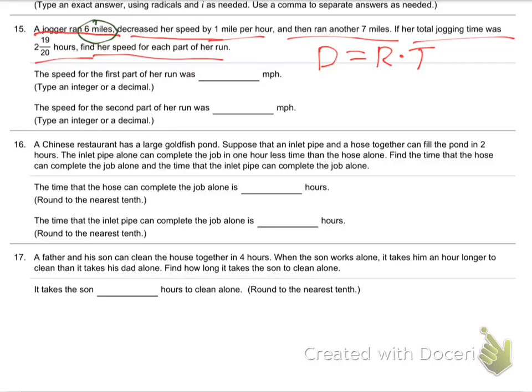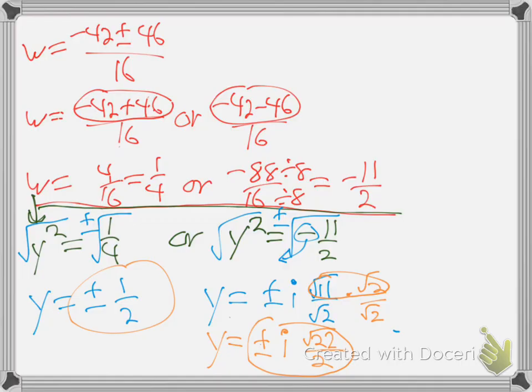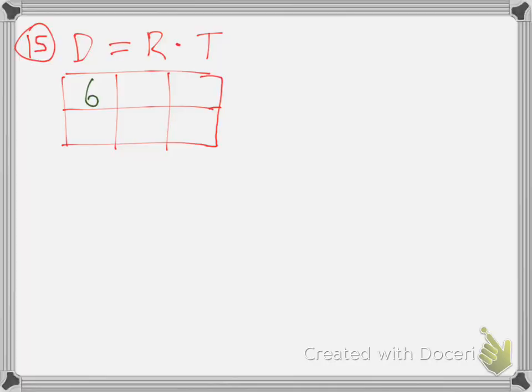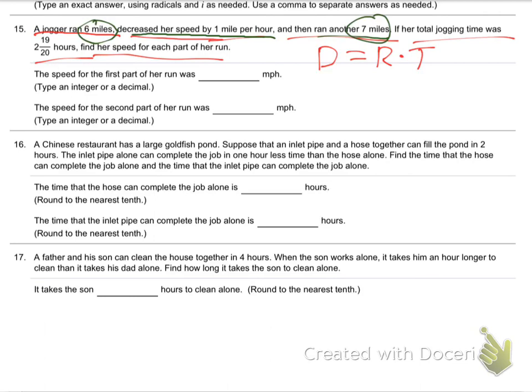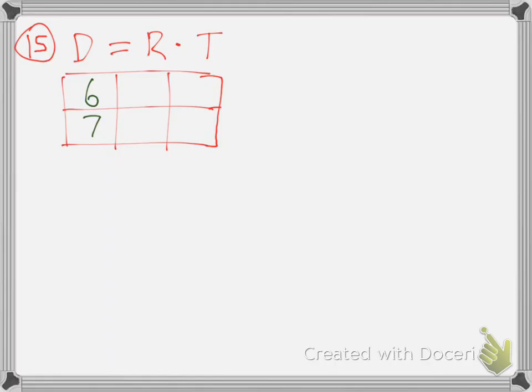Distance, 6 miles. Then she decreased her speed by 1 mile per hour and ran another 7. So 7 miles is another distance. She decreased her speed by 1 mile per hour. That's rate. Let's talk about rate. There was some kind of rate, x, and then it was decreased by 1.